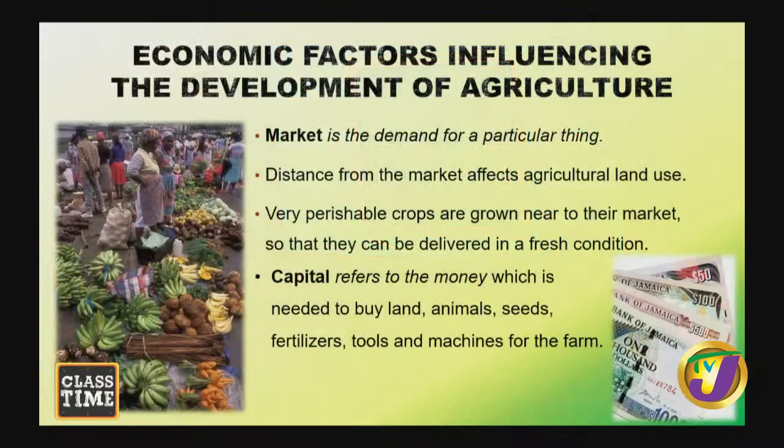So we need money to buy the seeds, we need money to buy fertilizer, we need money to pay the rent for the land that we're going to use, depending on the land ownership that we're going to look at in a little while. We need money to rent machines, depending on the size of your farm. We need money to buy machete, hoe. So all the little things that are needed for your farm to produce the best quality goods must be considered.